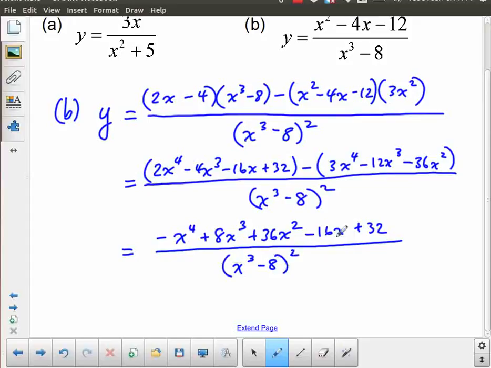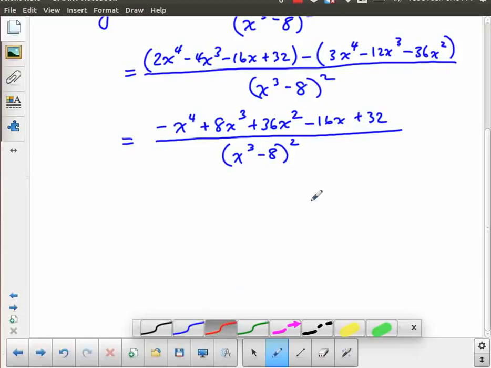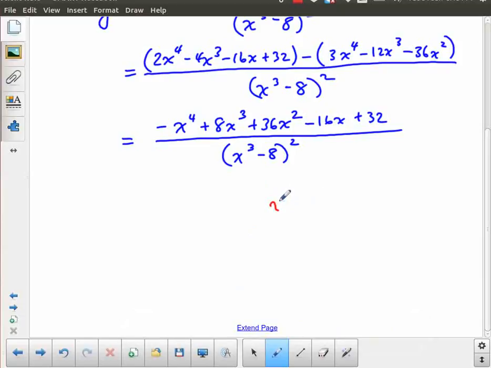Now, I could go further with this. There are some things that I could try to do just to see whether or not, if I really wanted to simplify this, there are some things I could do. The most relevant thing for you to keep in mind here is that x cubed minus 8 is actually a difference of cubes. That's actually x minus 2 multiplied by x squared plus 2x plus 4.